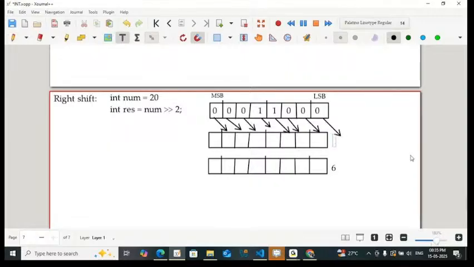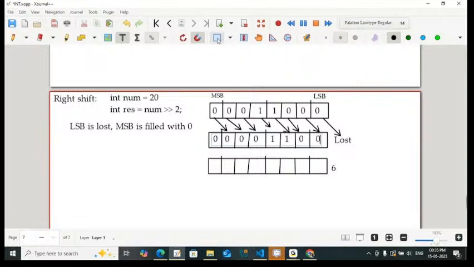So LSB is lost and MSB is filled with 0. Here I'll have 0, 0, 0, 0, 1, 1, 0, 0.